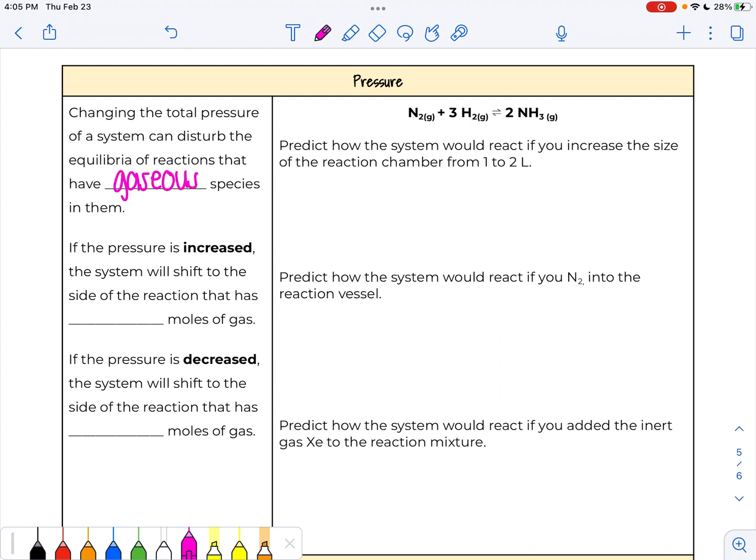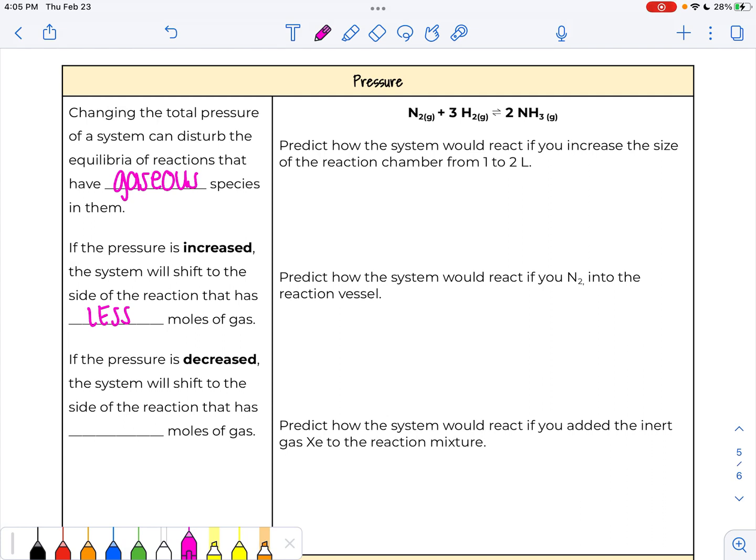So how does equilibrium reestablish itself? The system is going to shift to the side of the reaction that has fewer moles of gas. If it can decrease the amount of gaseous particles in the system, it can reestablish that equilibrium.